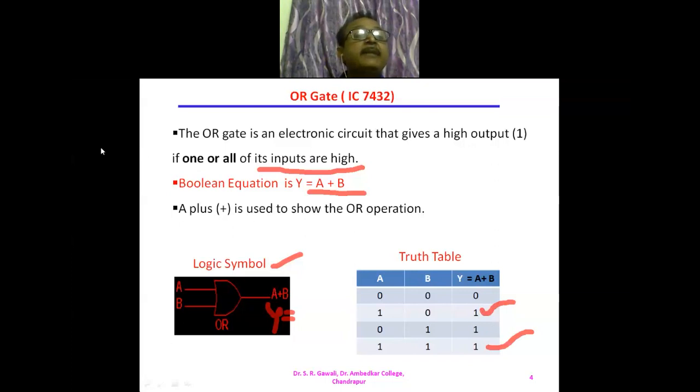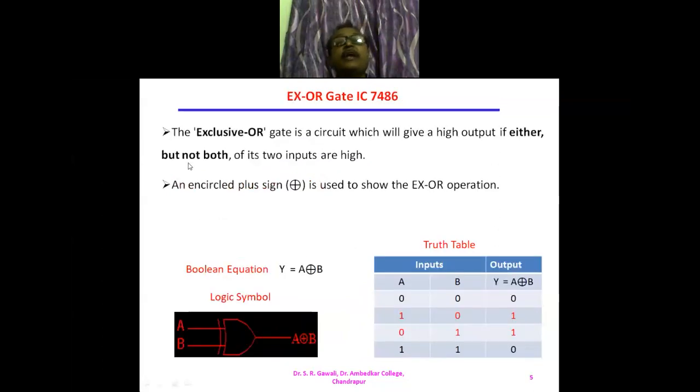And after that, we will see the XOR gate, the exclusive OR gate. EX stands for exclusive OR gate, and the IC of this exclusive OR gate is the 7486. You will require it in your practical.